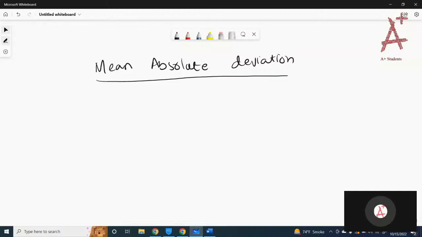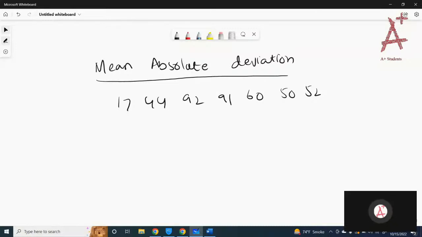In the data set given below, what is the mean absolute deviation? The data set is 17, 44, 92, 91, 60, 50, and 52. 1, 2, 3, 4, 5, 6, 7. Yes, you have to find the mean absolute deviation.